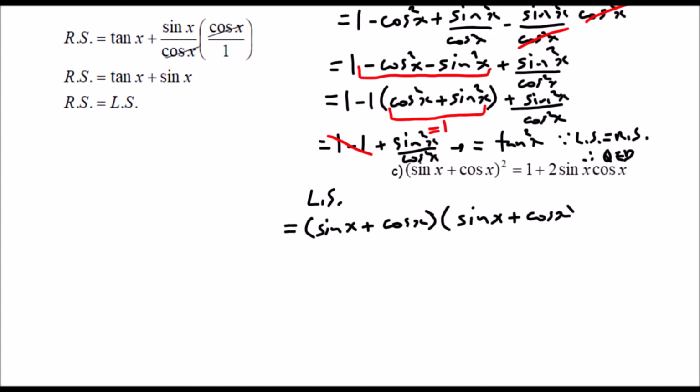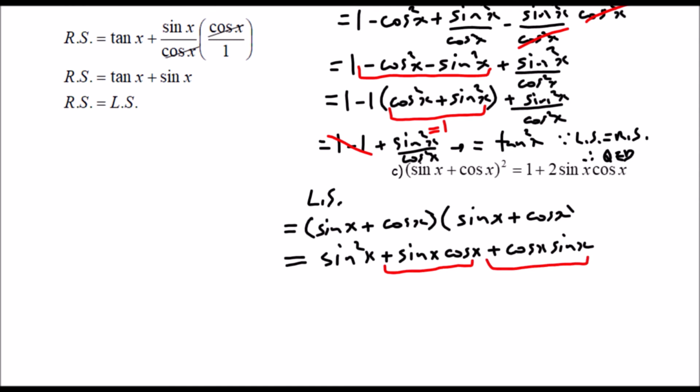FOIL it out, so I'm going to get sine squared x plus sine x cos x plus cos x sine x. But of course, these two terms really are the same. And let's do the last one here, so plus cos squared x.